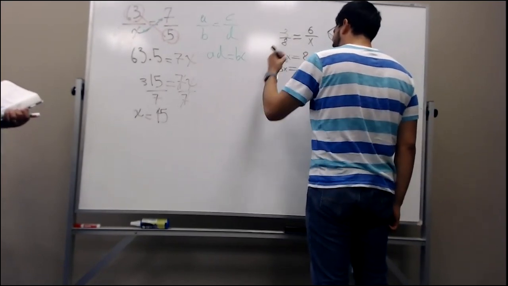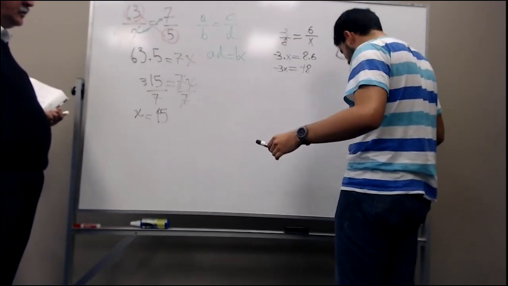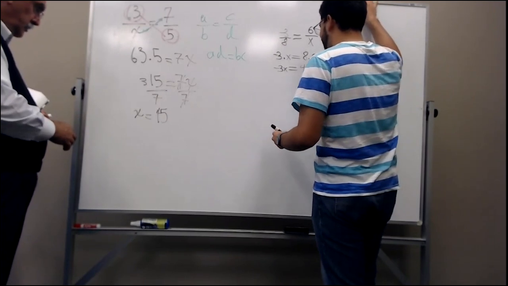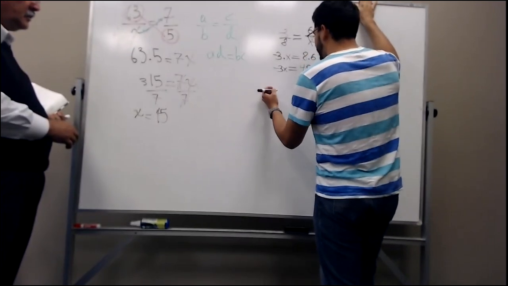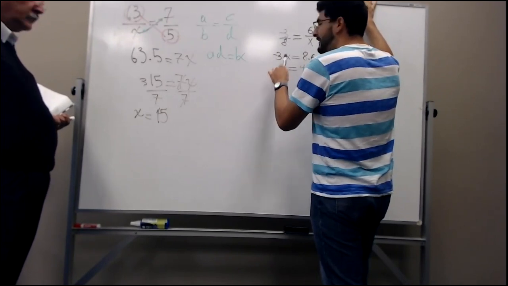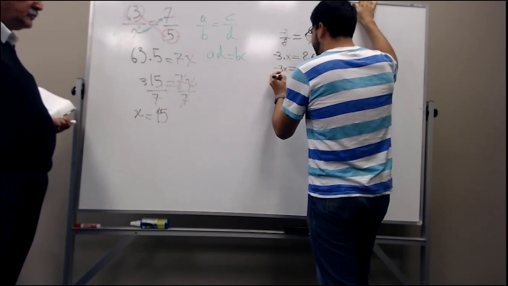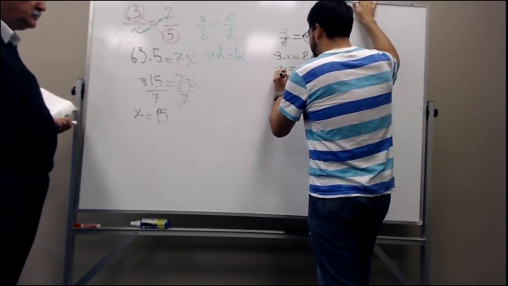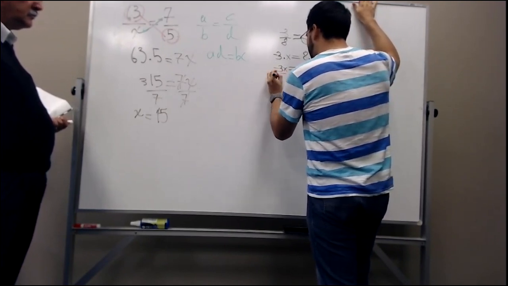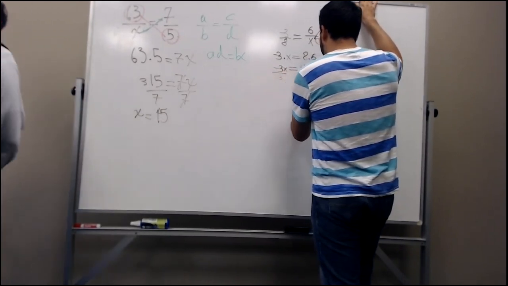And then what do you do? And then we continue solving the equation. So we divide both sides by minus 3. So what's here?